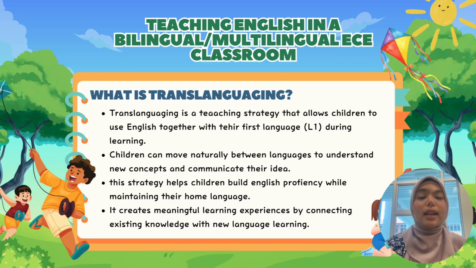Unlike traditional language teaching, which often requires children to use only English, translanguaging recognizes that children's languages work together rather than separately. This means children are free to use their home language while gradually developing English.